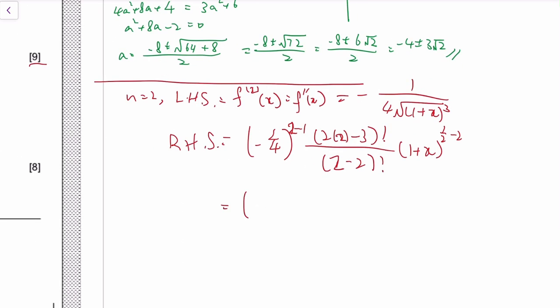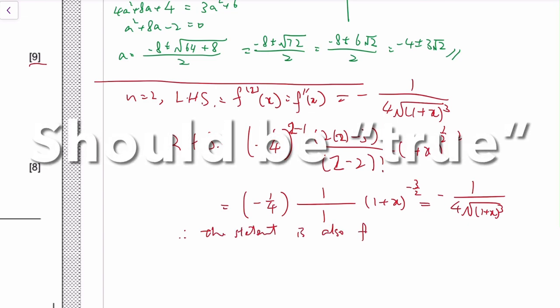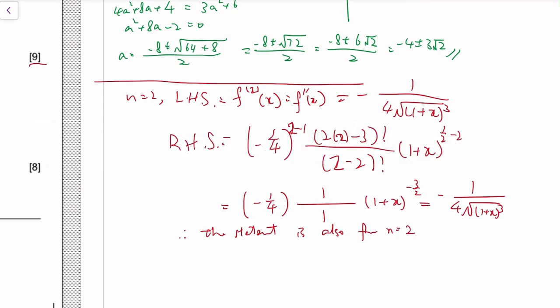So this is a 4, negative a fourth to the power of 1. We have 4 minus 3 factorial, that's 1 factorial, so 1. 0 factorial again is 1. 1 plus x, negative 3 over 2. And that's exactly what we had. Okay, therefore the statement is true for n equal to, oh, not 1, sorry, 2.